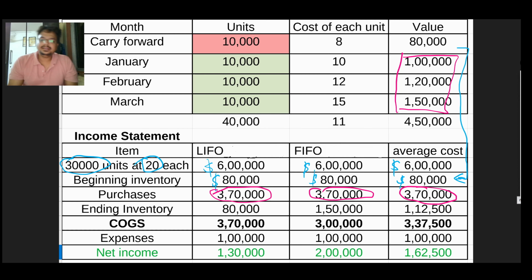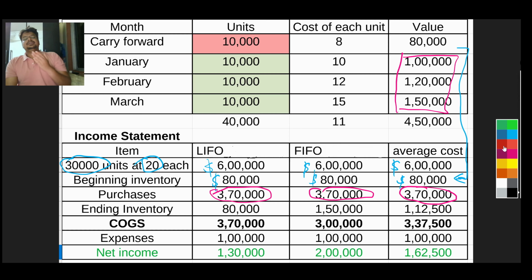The reason being is that in FIFO we are assuming whatever inventory we bought first, we are selling first, and in the LIFO method, we are assuming whatever inventory we are selling is the latest. Whatever came at the last, we are selling it off first. Okay, so the oldest inventory is just sitting there in the warehouse somewhere.